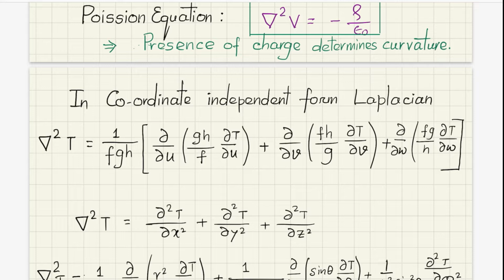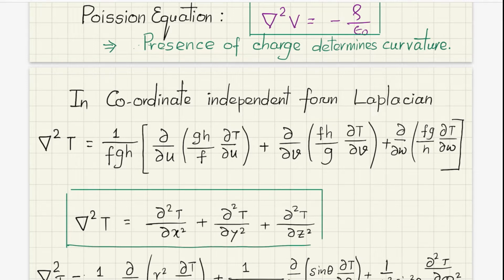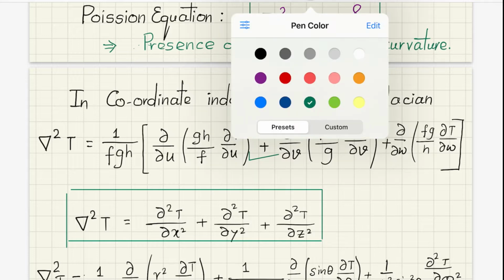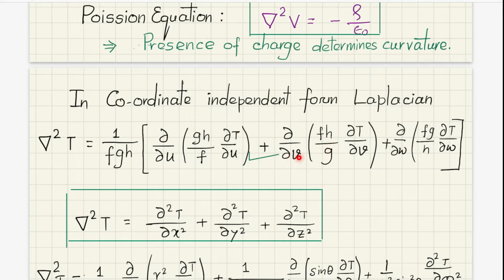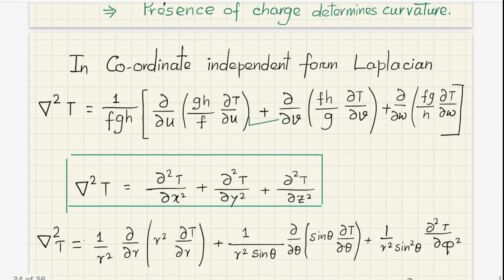And of course, this is very simple in Cartesian coordinates, and it directly shows that the Laplacian is simply the second-order partial differential in each of the directions. Using this, we can always write it down in other coordinate systems.